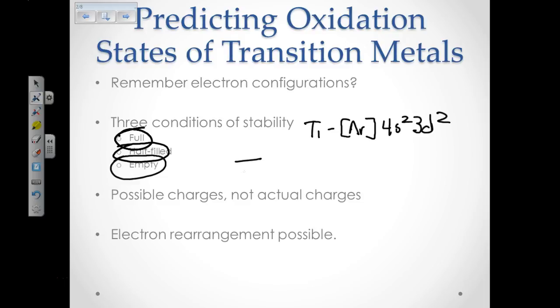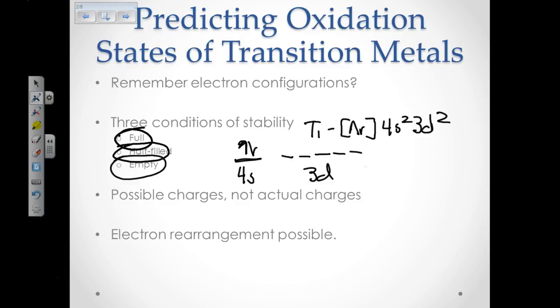Now if we go to draw the orbital diagram, 4s, and then the D's, remember the D's and S's are very close in energy, and so that is 3d. Remember there's only one 4s orbital, so we draw one line.